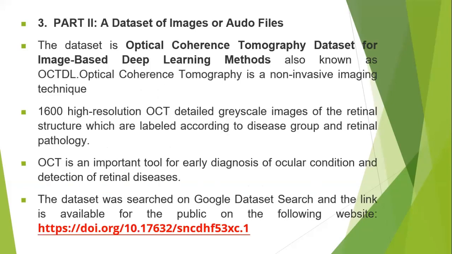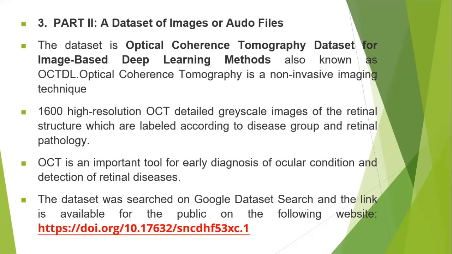In part two, we are required to get a data set of images or audio files from any good source, and this is the data set I got from Google Data Search. It is about optical coherence tomography for image-based deep learning. Optical coherence tomography is a non-invasive imaging technique.